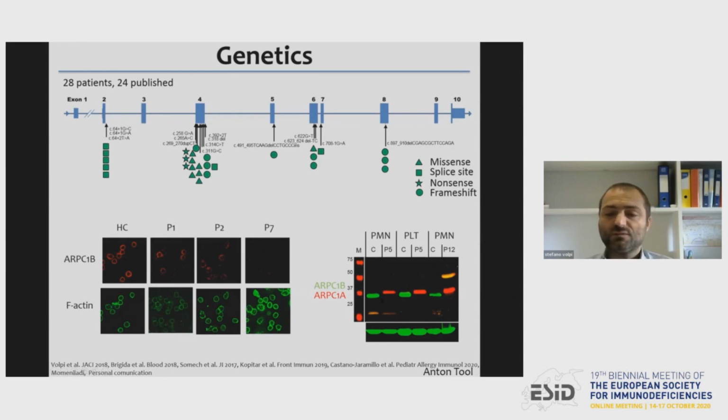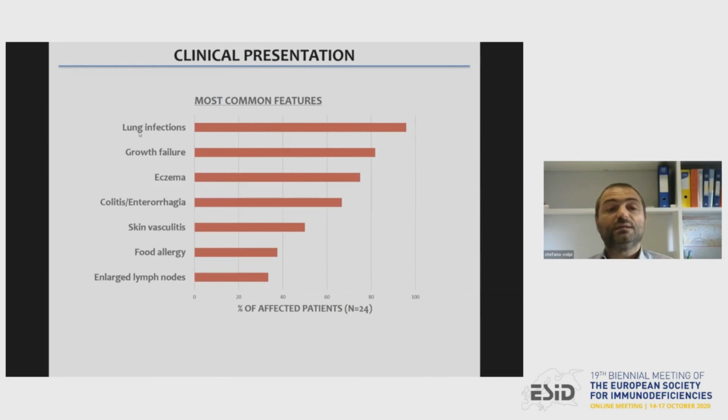Whenever ERBC1B is not expressed, there's an increase in expression of ERBC1A. We don't know the meaning of this. Clearly it is not compensated, because these are patients with pathologic features, but we reported this.